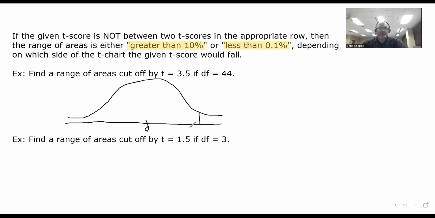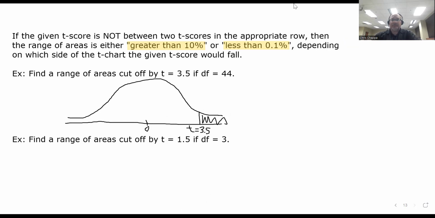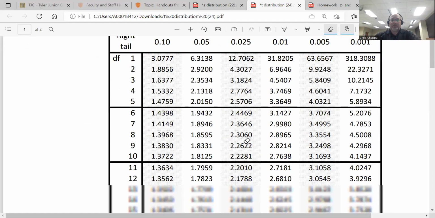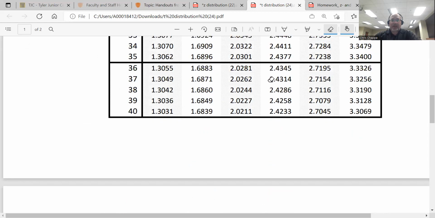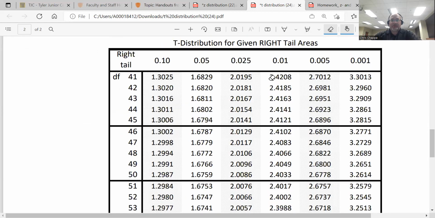Let's go over here to t equals 3.5. If the degrees of freedom is 44, well, let's go to the 44th row and look for t equals 3.5. 44th row, it's right here.